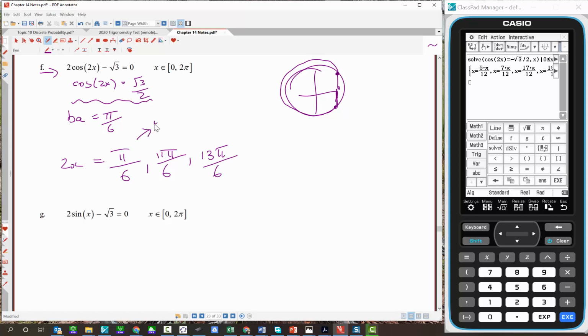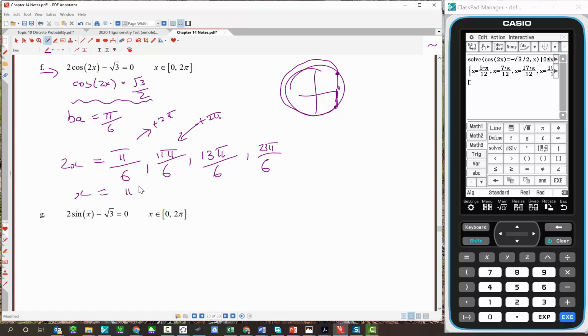Basically, I'm doing the same thing I did before, which is add 2 pi to this solution and add 2 pi to this solution, because again, I hit it once, and when's it going to be there again? It's in another 2 pi, 4 pi, 6 pi, etc. So 13 pi on 6 is there. This is going to be 24 pi on 6, take away 2 pi is 23 pi on 6, or adding 12 pi on 6 to 11 pi on 6 is 23 pi on 6.